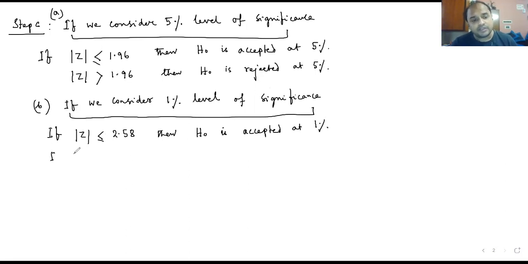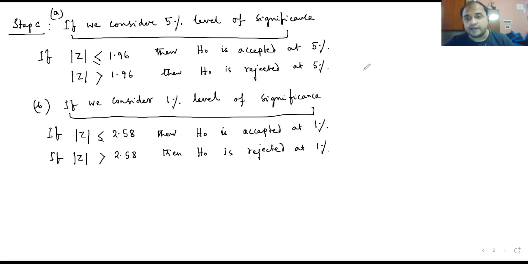If mod Z is greater than 2.58, then H0 is rejected at 1% level. What does this mean in figure?